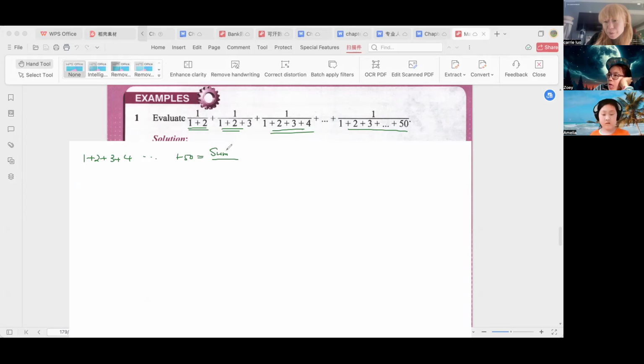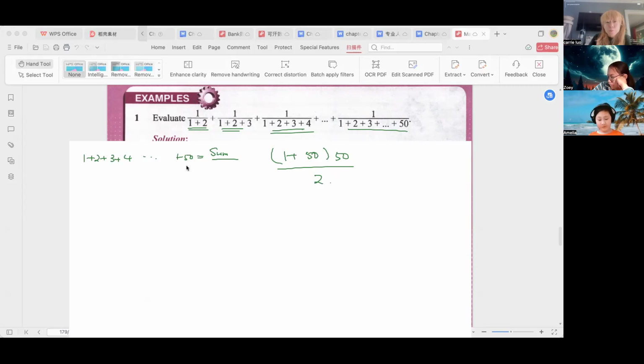Amelia, do you still remember? I still remember the rule: the first term, plus the last term, times how many terms there are, divided by 2. Okay, let me help you remember how we get this equation.